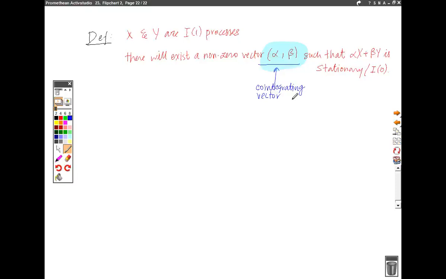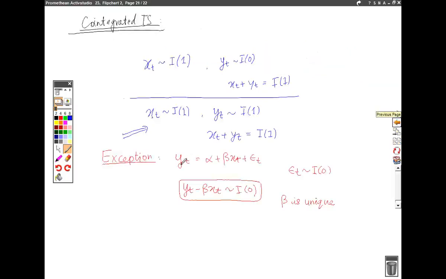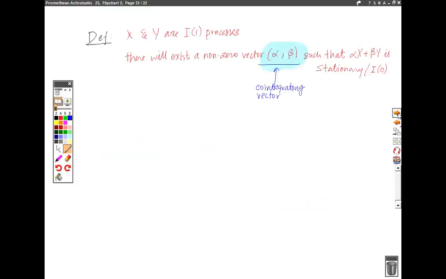Or it could be the case that my xt depends on yt or yt depends on xt. The case that we saw here was that my yt depended on xt, and we figured out that co-integrating time series is what we can use.